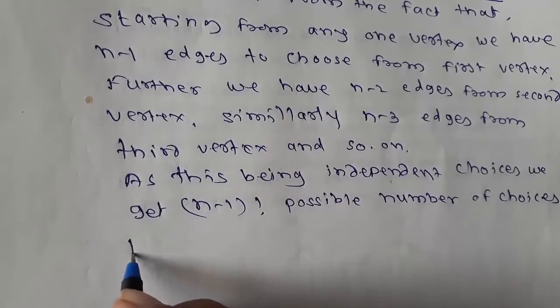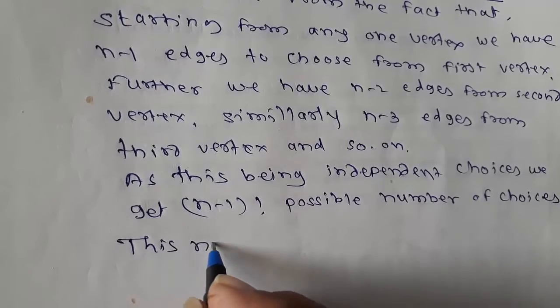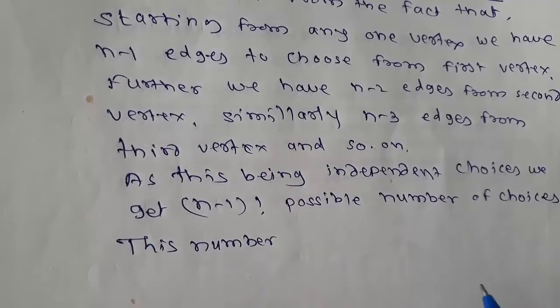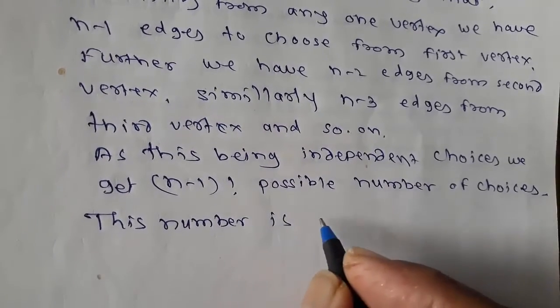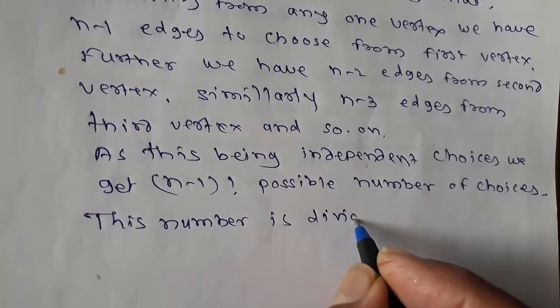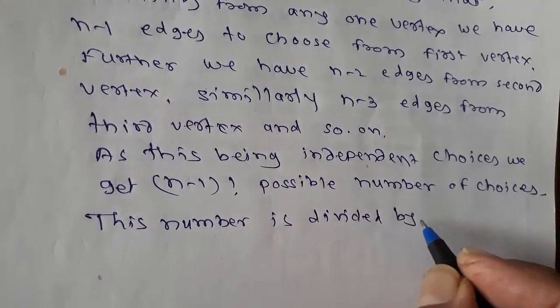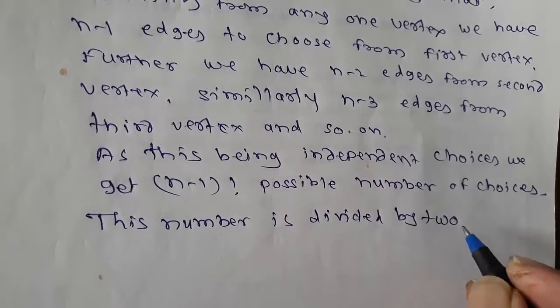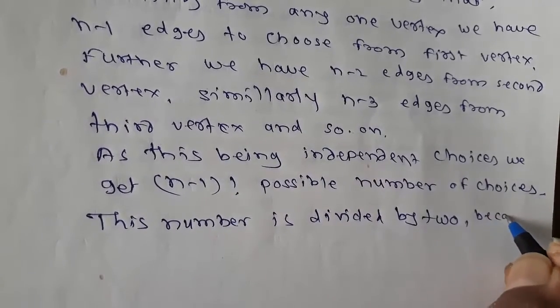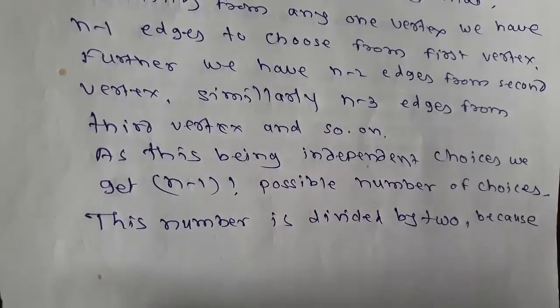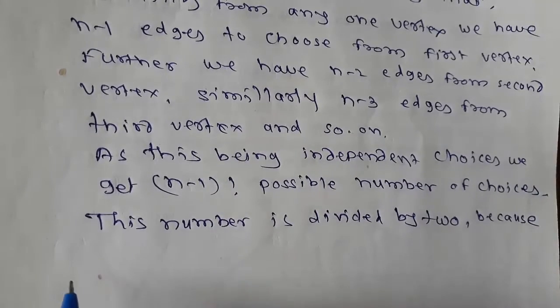This number is divided by 2 because each Hamiltonian circuit has been counted twice.